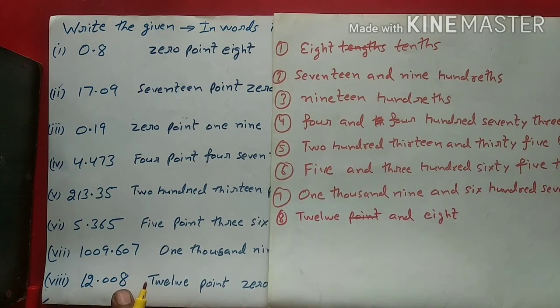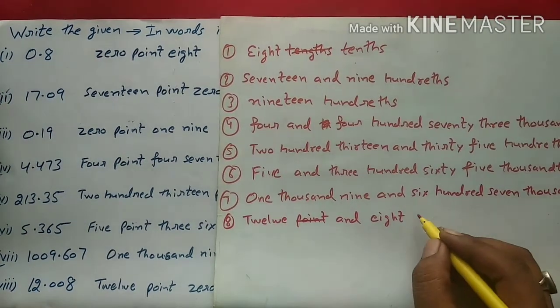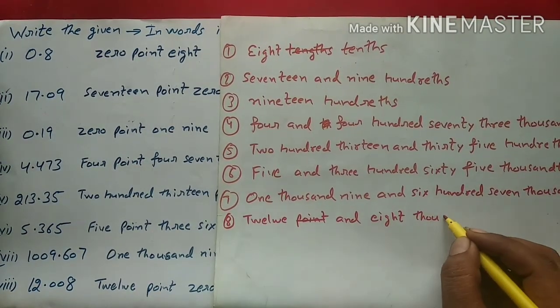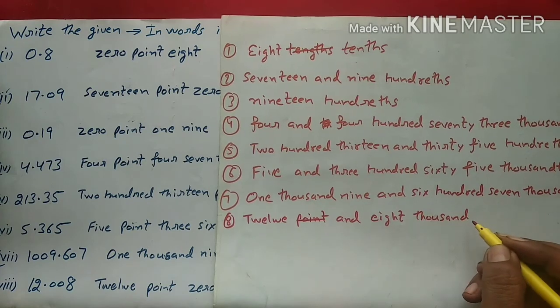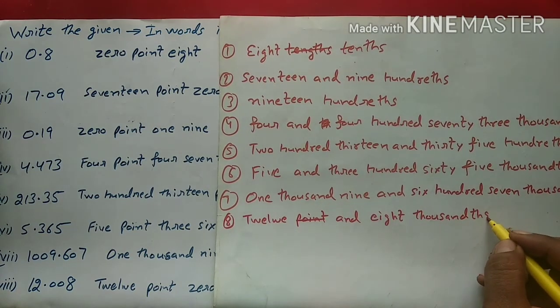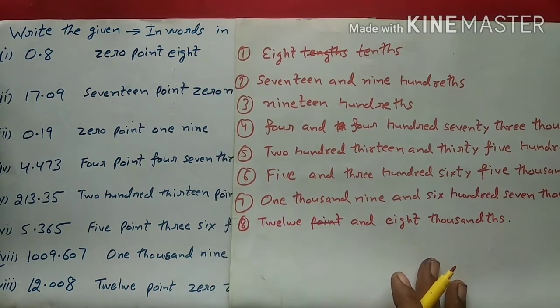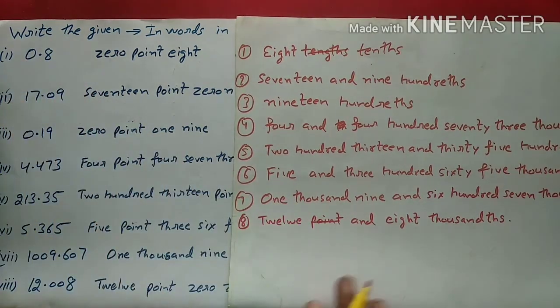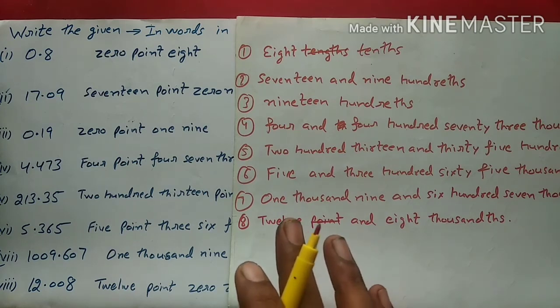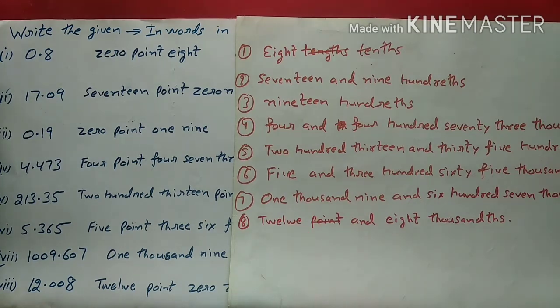How many digits are there? 3. So I will write thousandths. So student, in this way I have written the second form of these decimal numbers. I am pausing the video so that you can understand both the methods of how to write a decimal number in words.